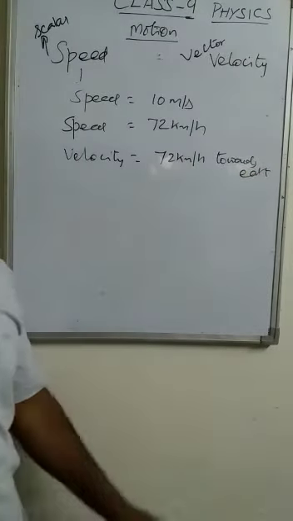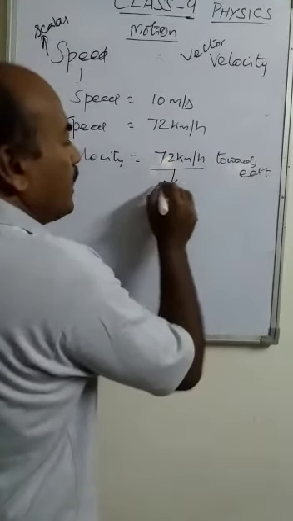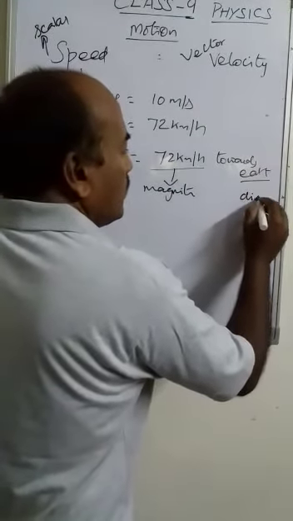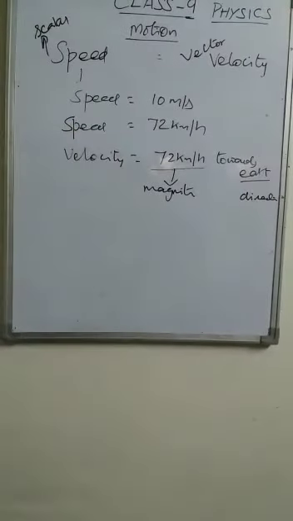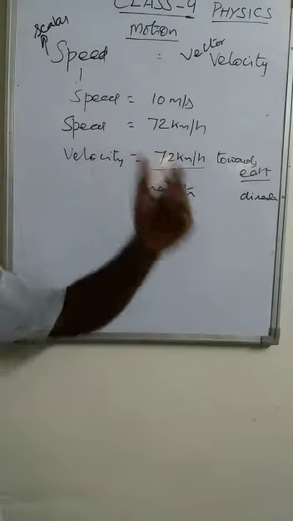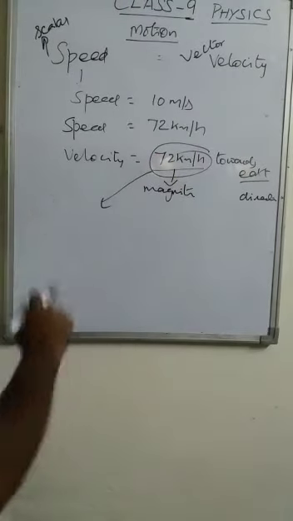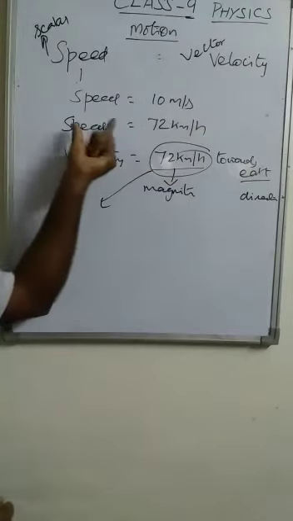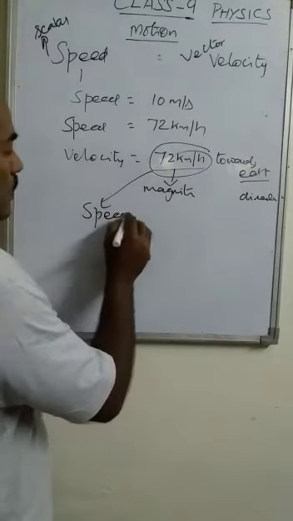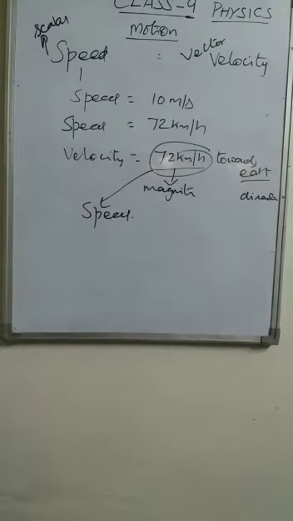In this case, you can see it has the value, that is the magnitude, and this is the direction. So velocity is mentioned with the magnitude and the direction. From this velocity, if we simply take out the magnitude, that is 72 km per hour, it gives only the magnitude, and that is the speed. So we can say the magnitude of velocity is equal to the speed.